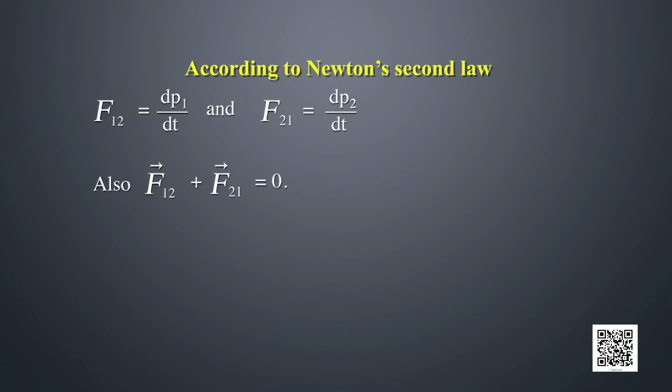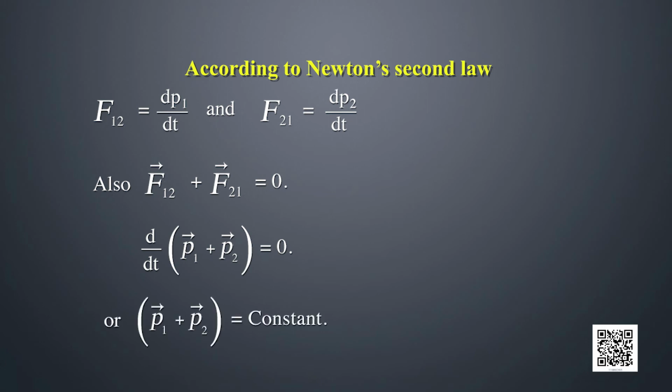Also, F12 plus F21 equal to 0, the forces being equal and opposite. This implies d/dt of (P1 plus P2), that is, the total rate of change of momentum of the two bodies, is 0, or P1 plus P2, the total momentum of the two bodies, is constant.